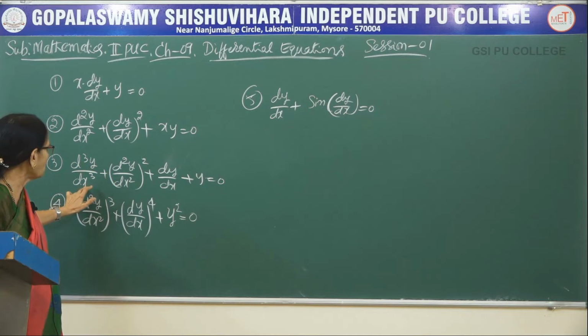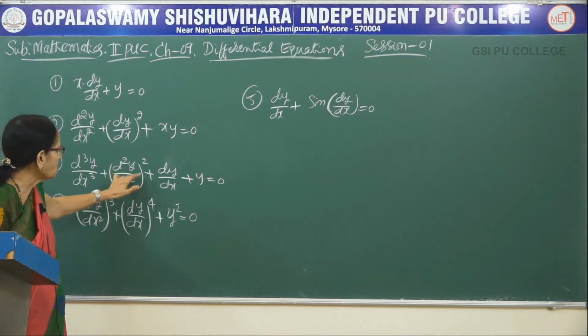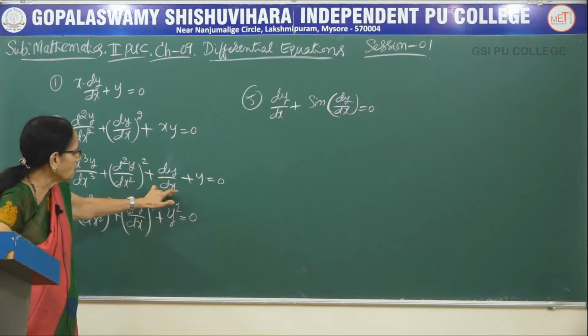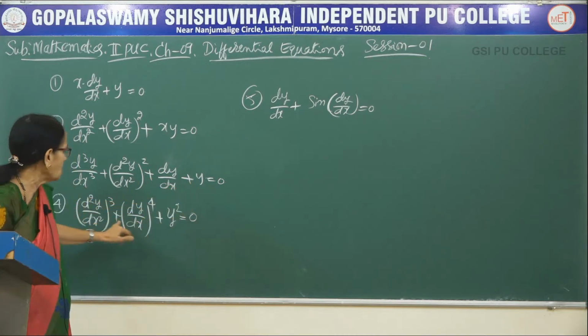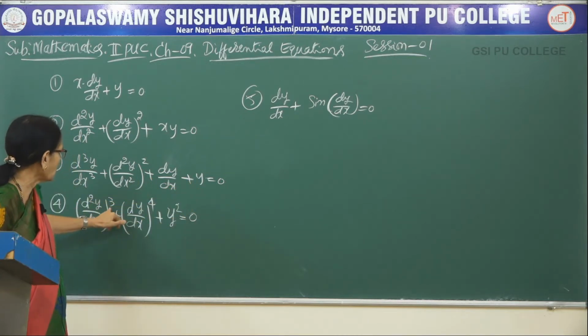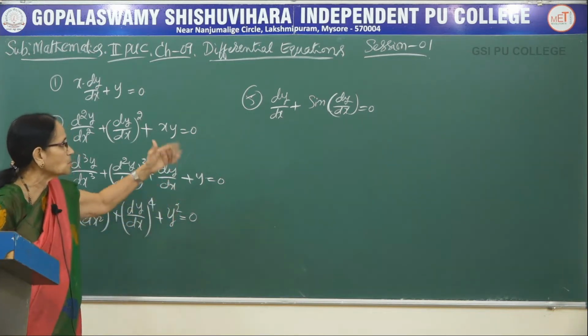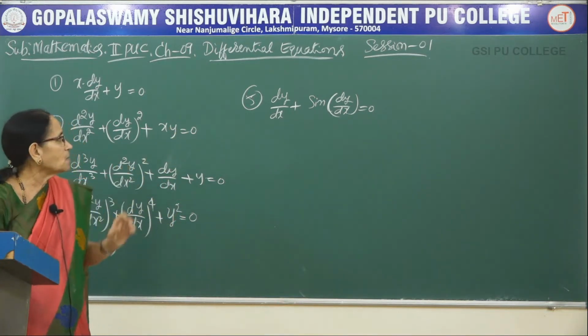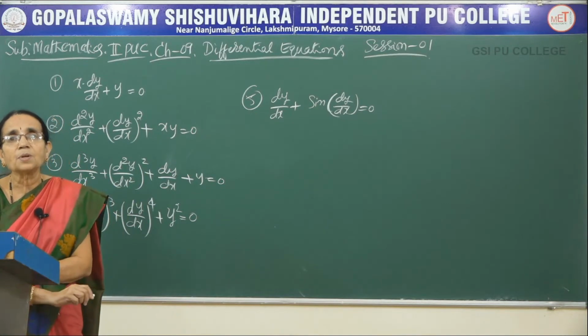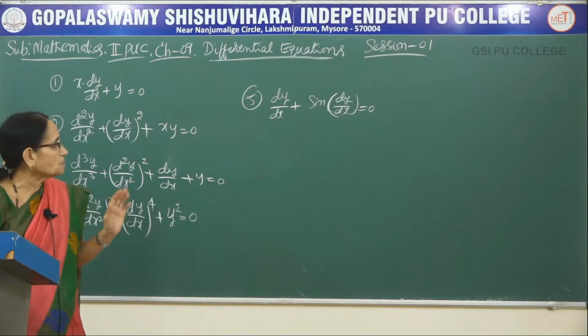Then d cube y by dx cube plus d square y by dx square the whole square plus dy by dx plus y equal to 0. And then d square y by dx square the whole cube, dy by dx to the power 4 plus y square equal to 0. The last one being dy by dx plus sin of dy by dx equal to 0.